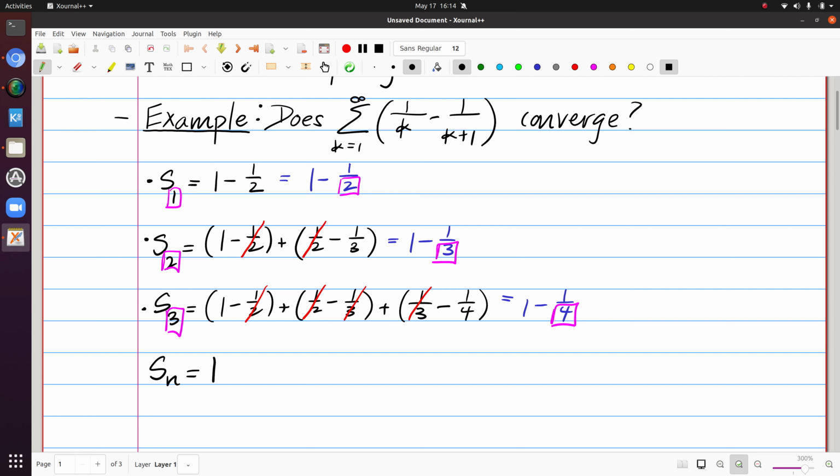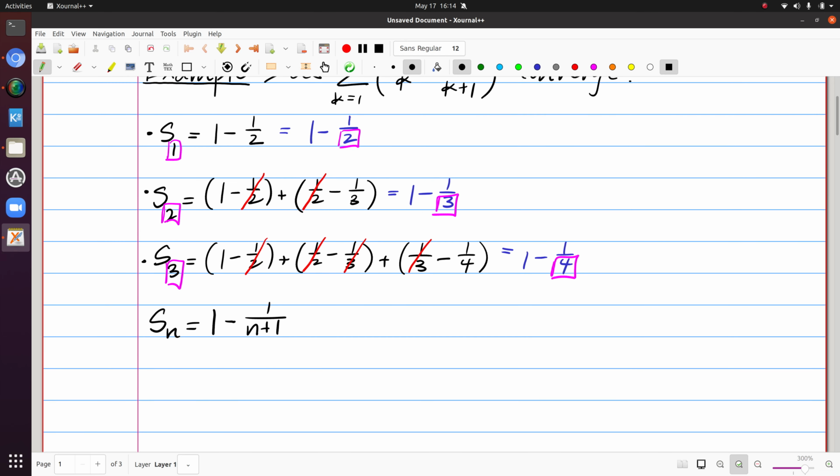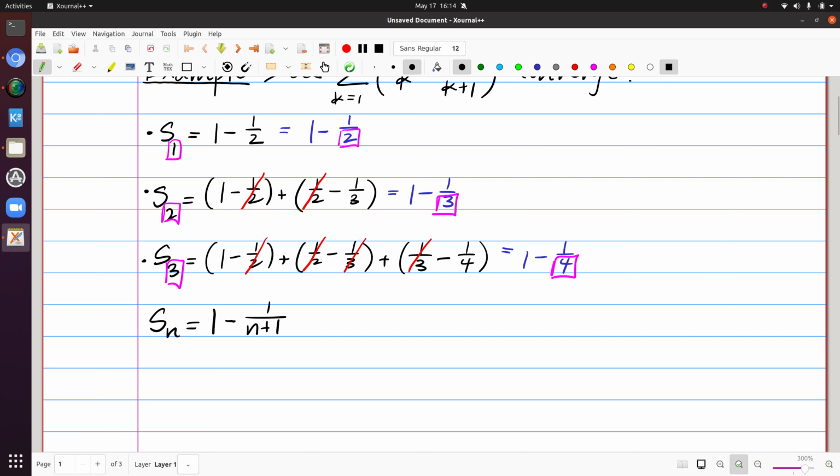And what I'm seeing from the pattern above is that when I'm looking at S sub n, what seems to be subtracted is 1 over n plus 1. This is what we call a closed form expression of the nth partial sum. This is much preferable to simply writing out the sum of the first n terms with ellipses. In particular, writing my nth partial sum like this makes it so that I can find the limit as n approaches infinity of the nth partial sum.